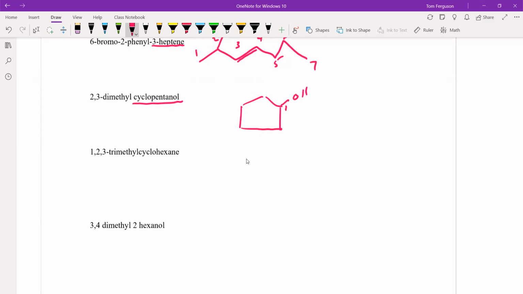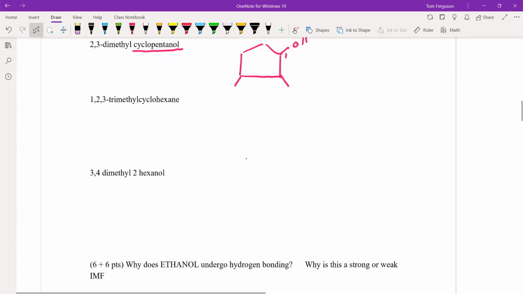And then we have 2,3-dimethyl. Okay, cyclohexane, that's a 6-sided cyclic, and 1, 2, 3 methyl.